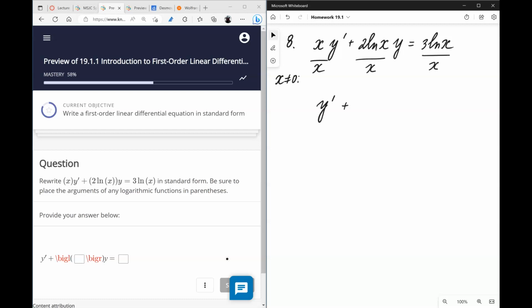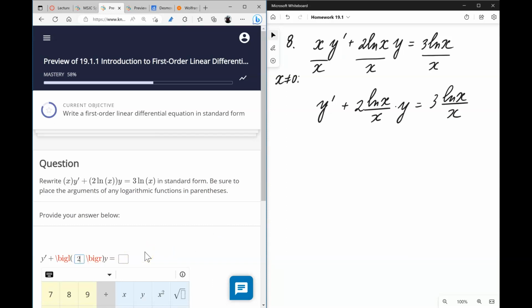So we get y prime plus 2 ln x over x times y is equal to 3 ln x over x. 2 and 3 can be written in the numerator, so here we have 2 ln x over x, and here we have 3 ln x over x.